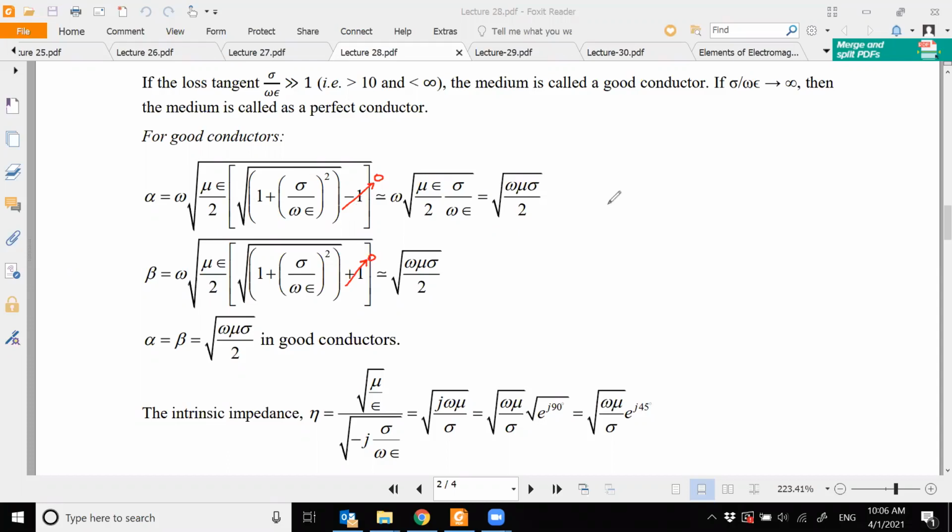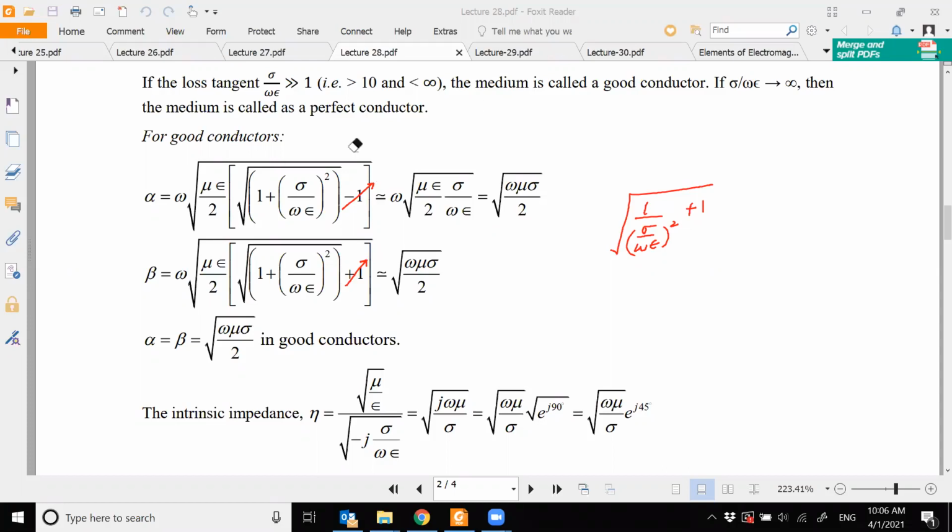And the inside bracket will become 1 over sigma over omega epsilon squared, plus 1, under root. And this term is very much greater than 1, therefore the inverse term will be very much less than 1. Again, it can be neglected.